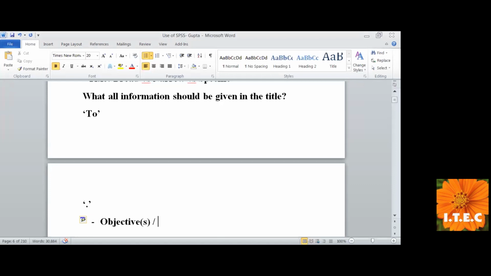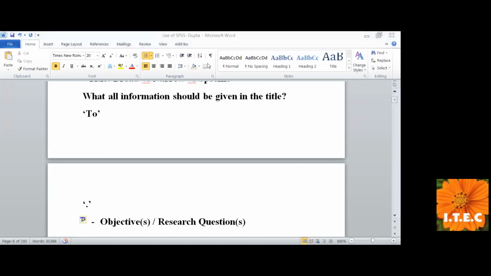If you want to write research question as a heading, then the objective has to be written in the question form. So in one research, either you write the heading objective or you write the heading research question. You should not write both.